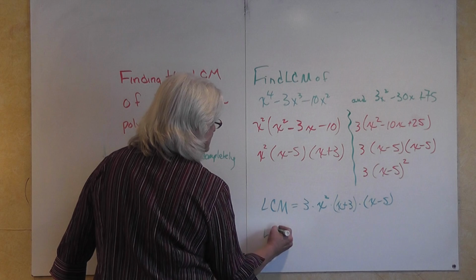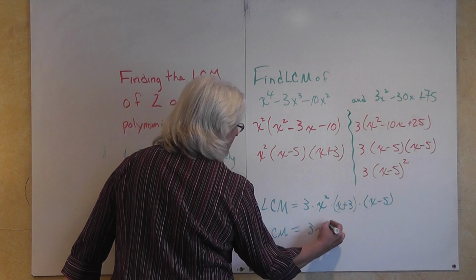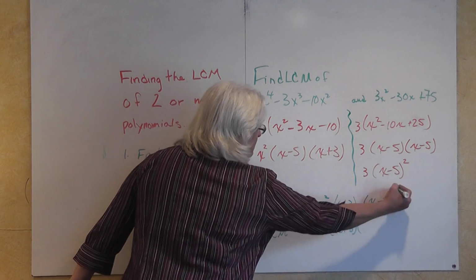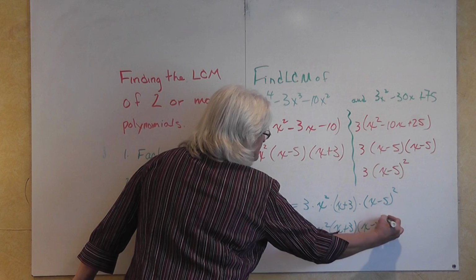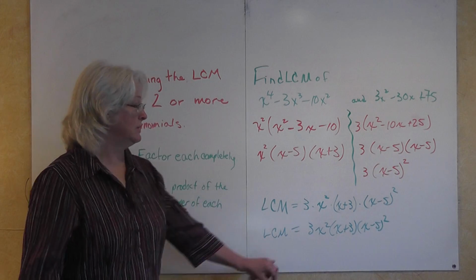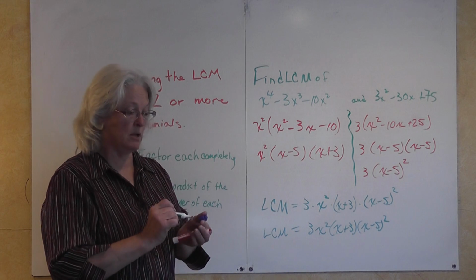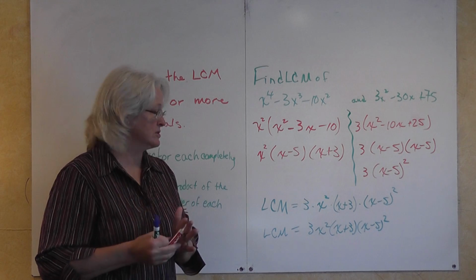And you would write the least common multiple without the raised dots. It would be 3x squared times the quantity x plus 3 times the quantity x minus 5 squared. Really strange looking common multiple if you're used to thinking of common multiples as only being with fractions.